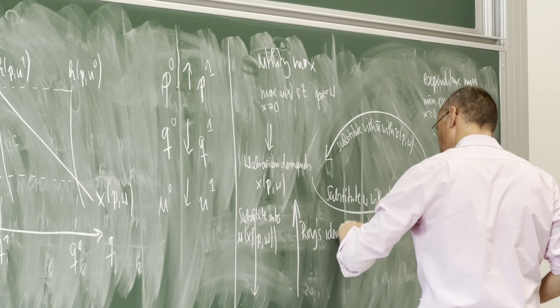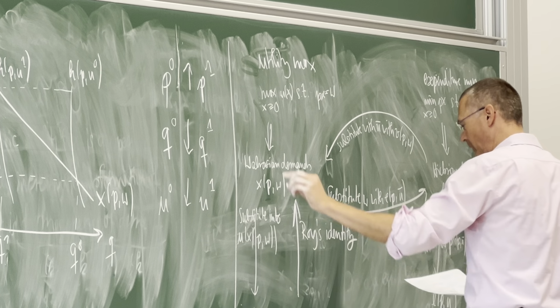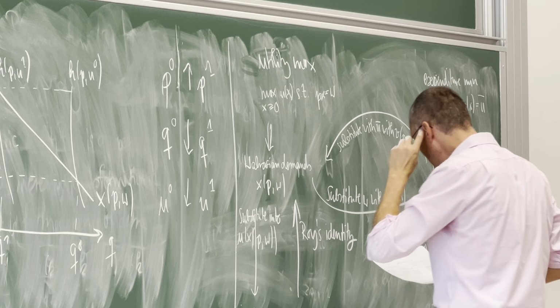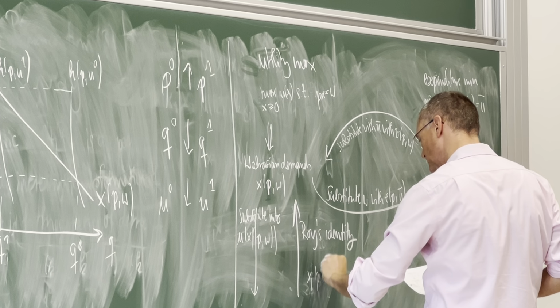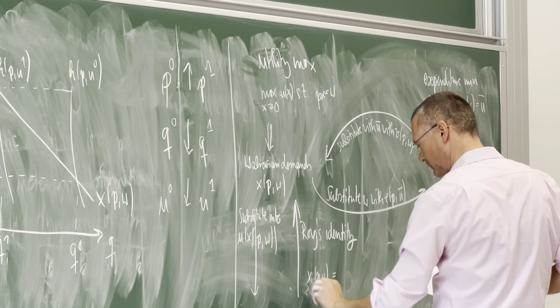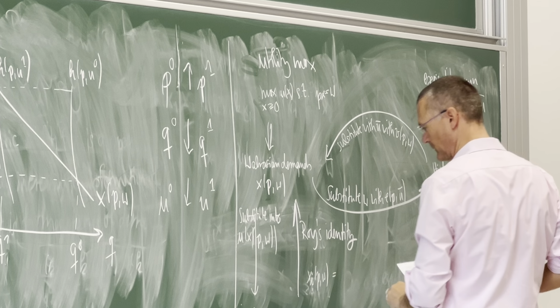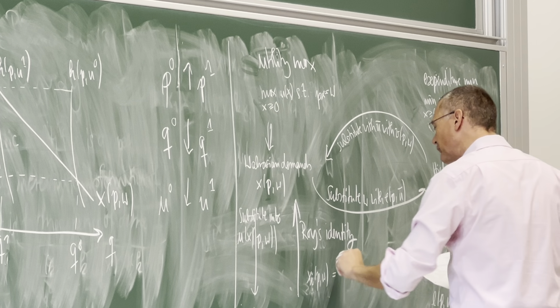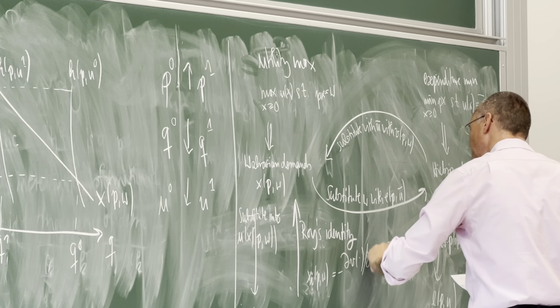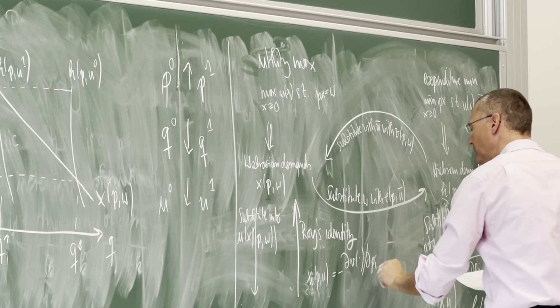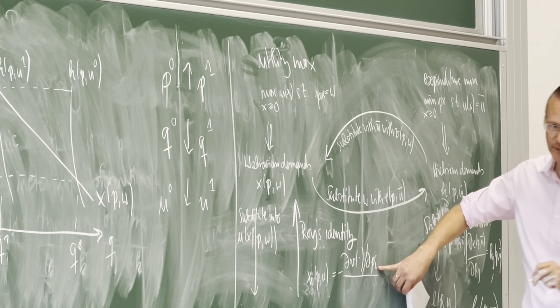Roy's identity, going from the indirect utility function to the Marshallian demands. What we do is we take the Marshallian demand xi, p of w, which is equal to minus the derivative of the indirect utility function with respect to pi, and we have a minus in front because this derivative is negative.